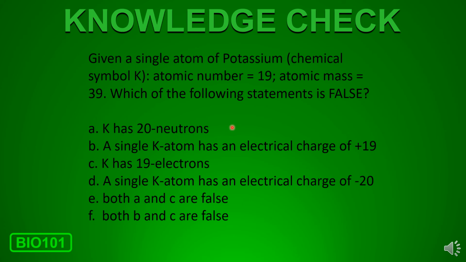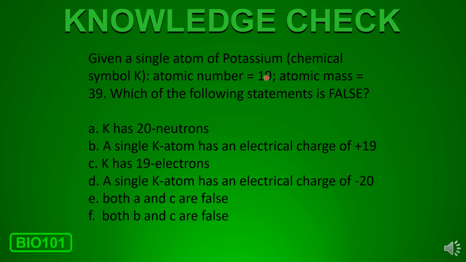Okay? B says a single potassium atom has an electrical charge of +19. All right? So remember that in a balanced and neutral atom, in this case potassium, the number of protons, which is the atomic number 19, must equal the number of electrons.